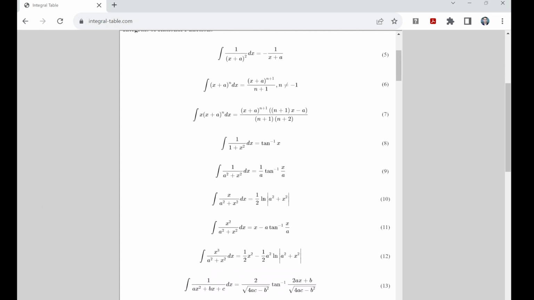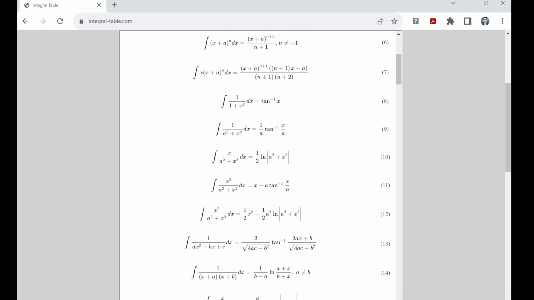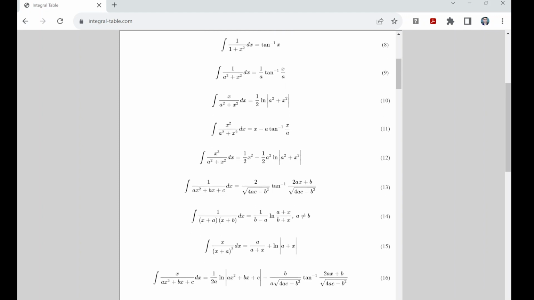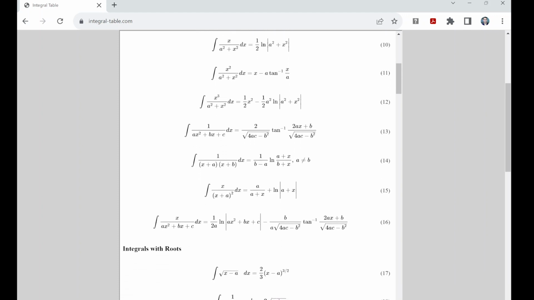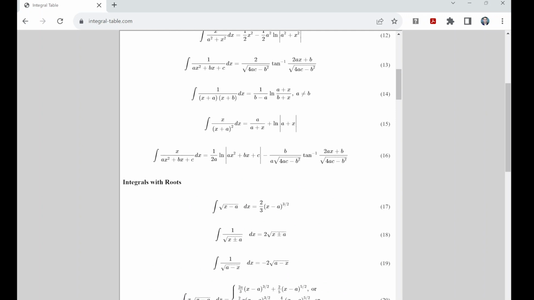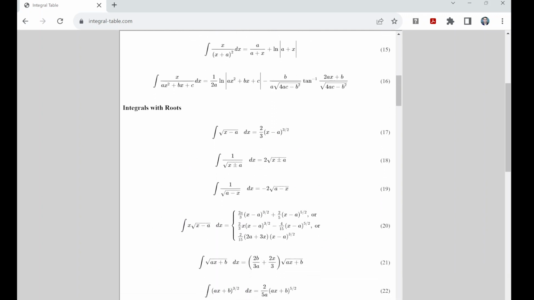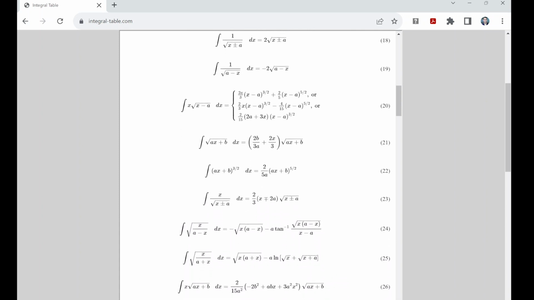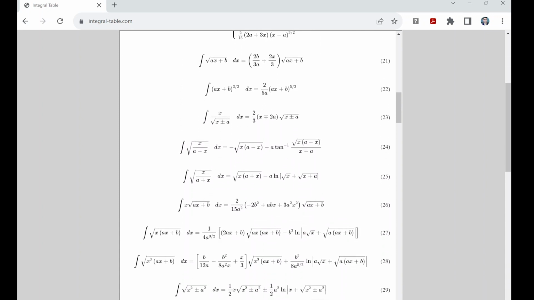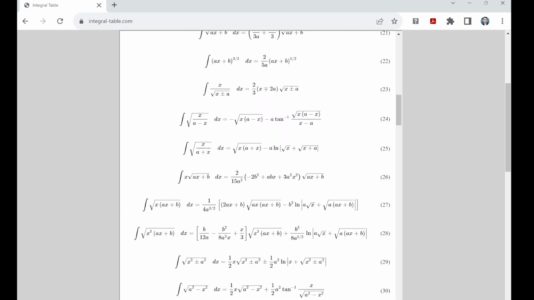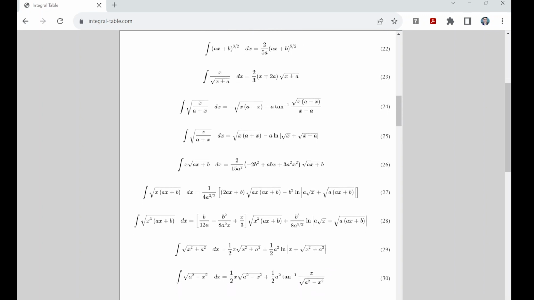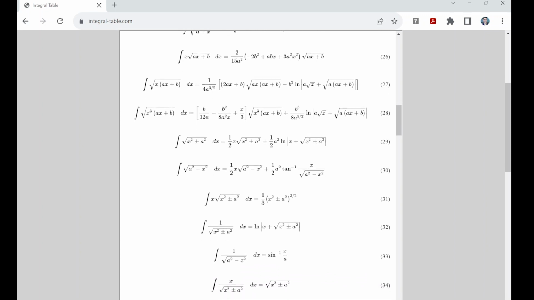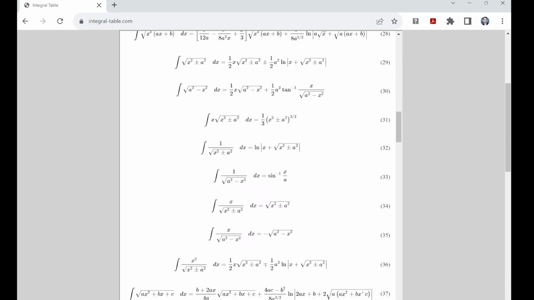You also see some other common forms where, again, a, b, and c are constants. So you start with these general forms, or you put your integrand in this general form, and then you take a look at the table of integrals, and you basically fill in any of the constants that you had in order to put your integral in the form of the table of integrals.